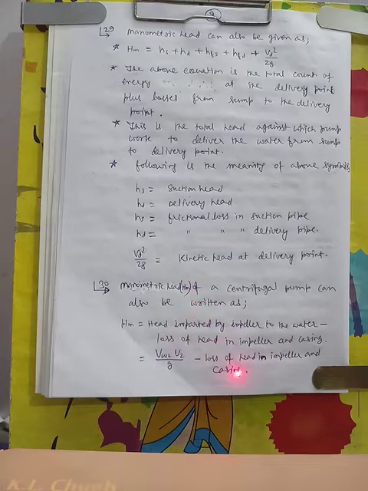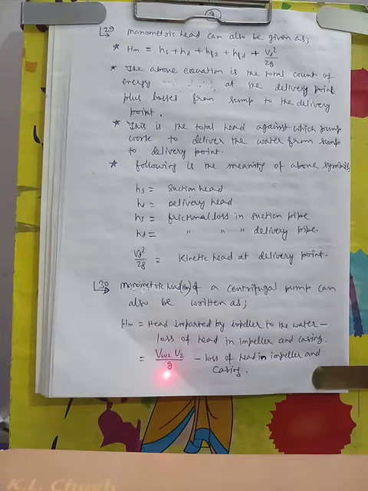The head imparted by the impeller to the water, minus the loss of head in impeller and casing. If we get the difference of these two, then we can easily get the manometric head. So we will study afterward how this is calculated.